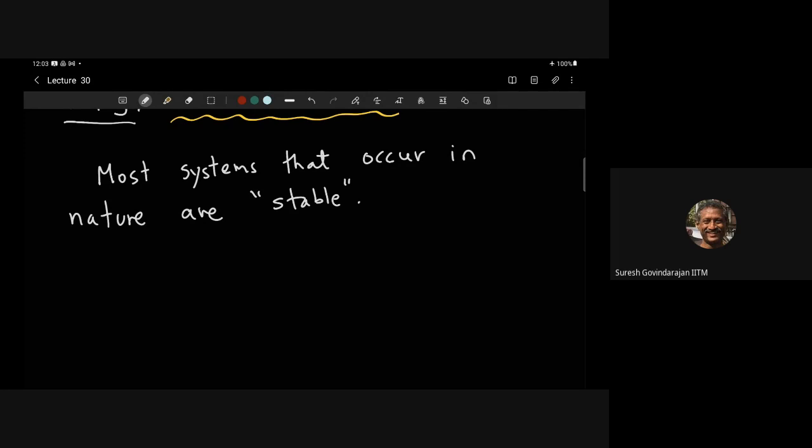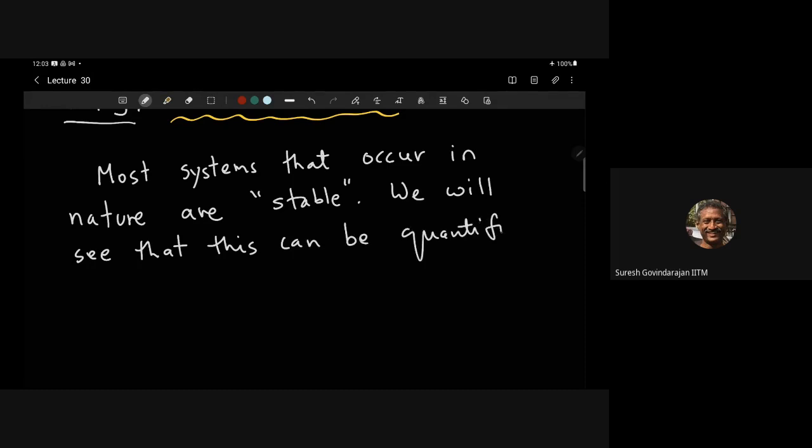So the idea here is that we will see that this can be quantified in a large class of Lagrangian systems.